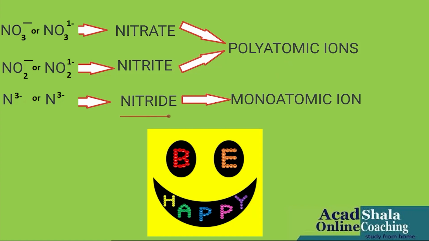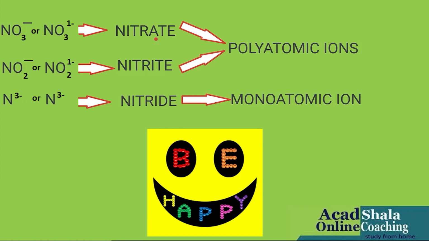And the last one, nitride, is known as a monoatomic ion because it is composed of one atom. So this is very clear now, children. After knowing that, here is how to write them: nitrate, NO3 minus, nitrite, NO2 minus, nitride, N3 minus. Now you know the sequence. Now let us learn how to memorize it.